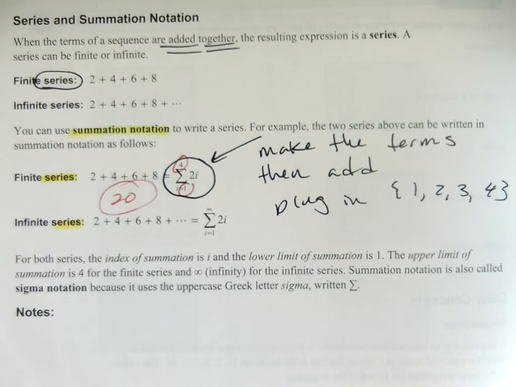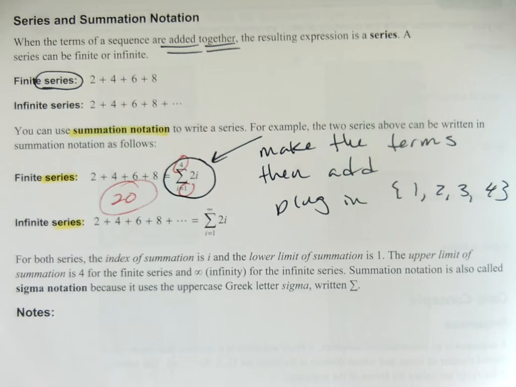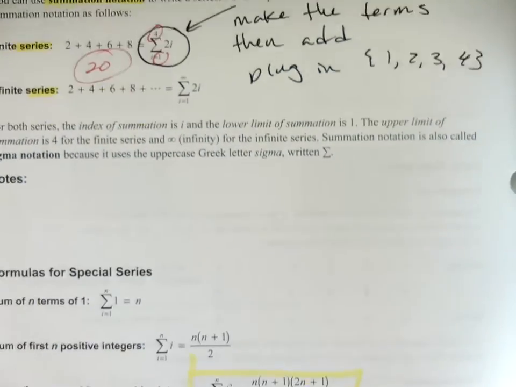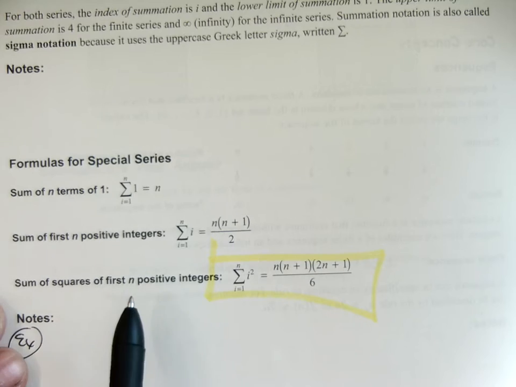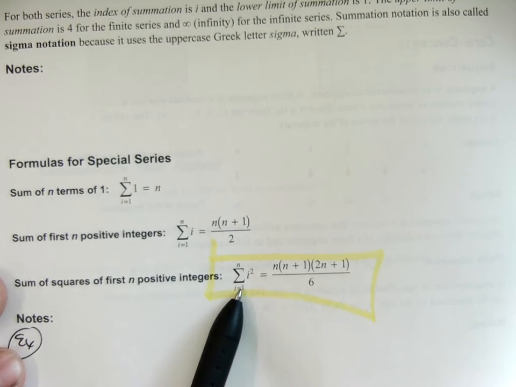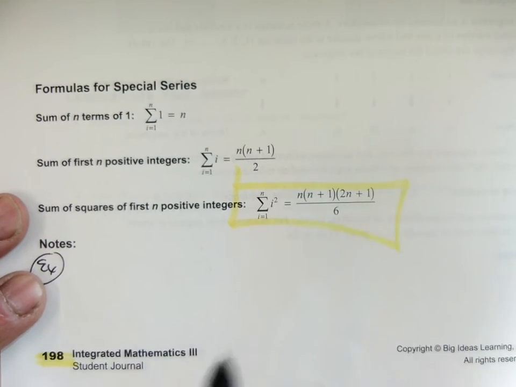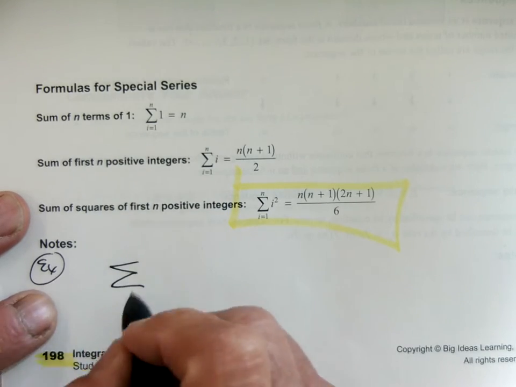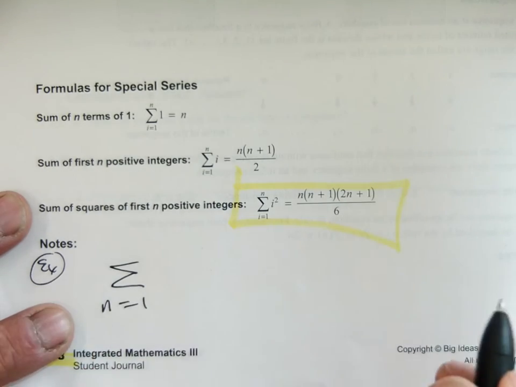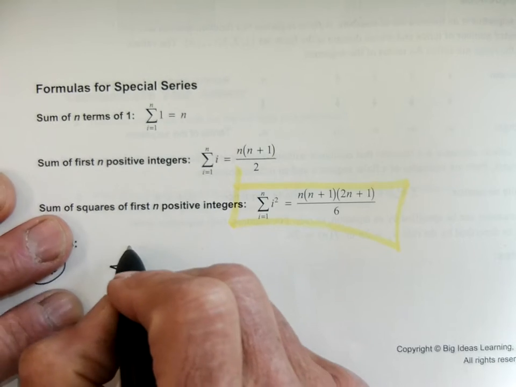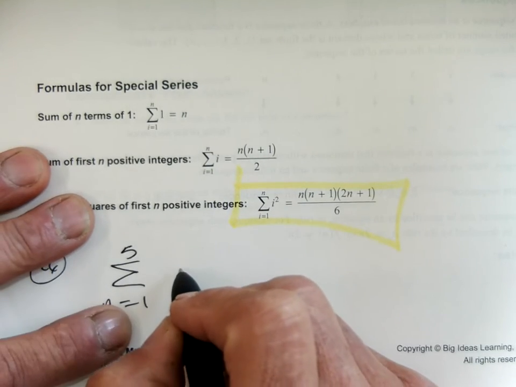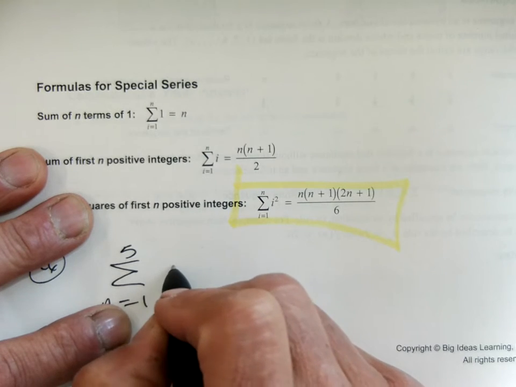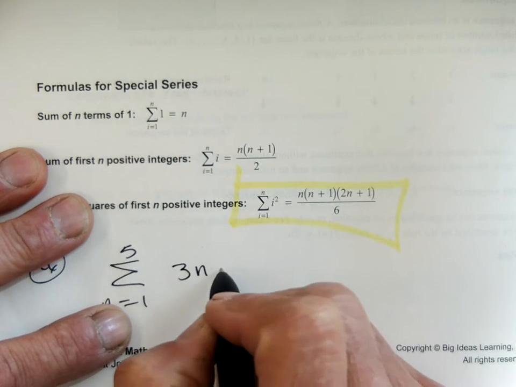Yes, Ellie? So what are you plugging in the different numbers for? Are you plugging in for i? Let me make another example for you, an easy one. Let's do the sum from n equals 1 to 5 of 3n plus 1.